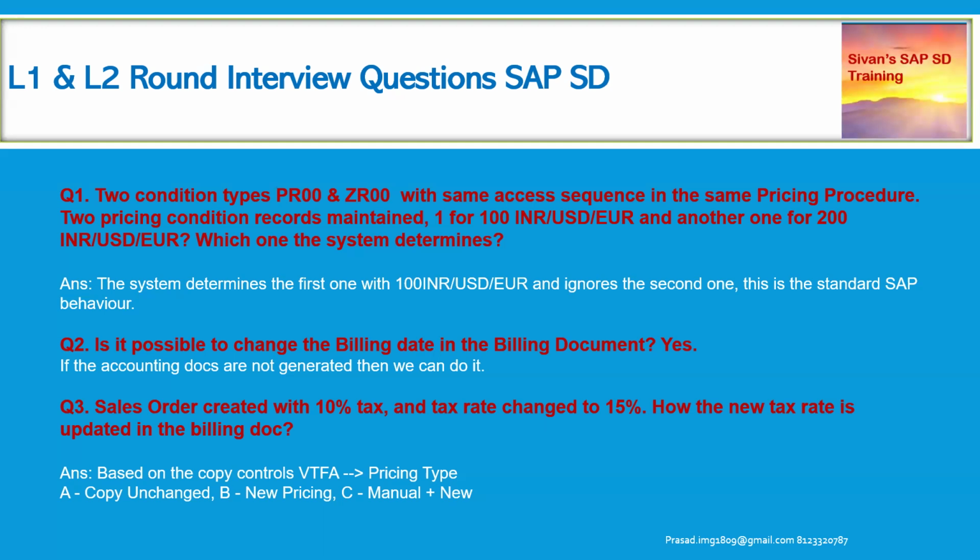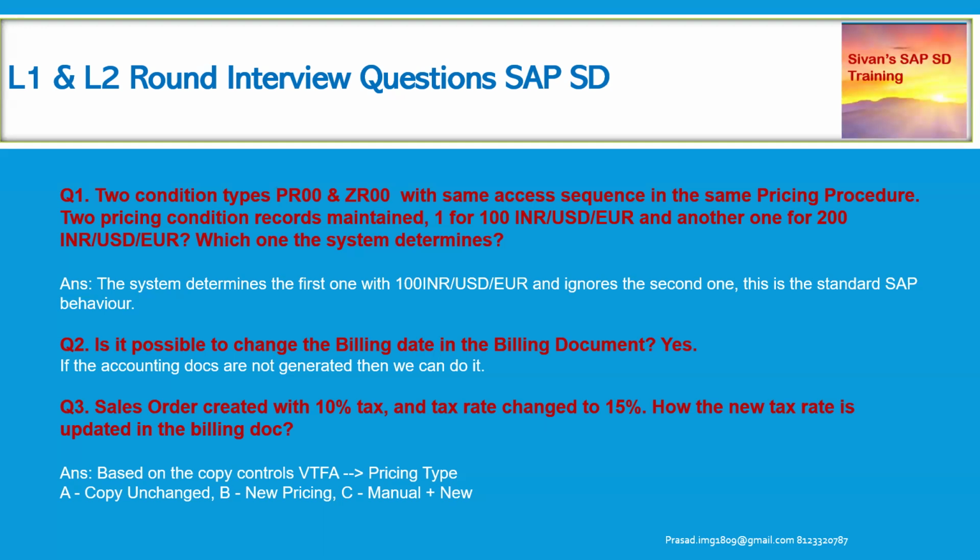The third question is: a sales order is created with 10% tax and the tax rate is changed to 15%. How is the new tax rate updated in the billing document? It is as usual based on the copy controls VTFA, where the pricing type field will be there.